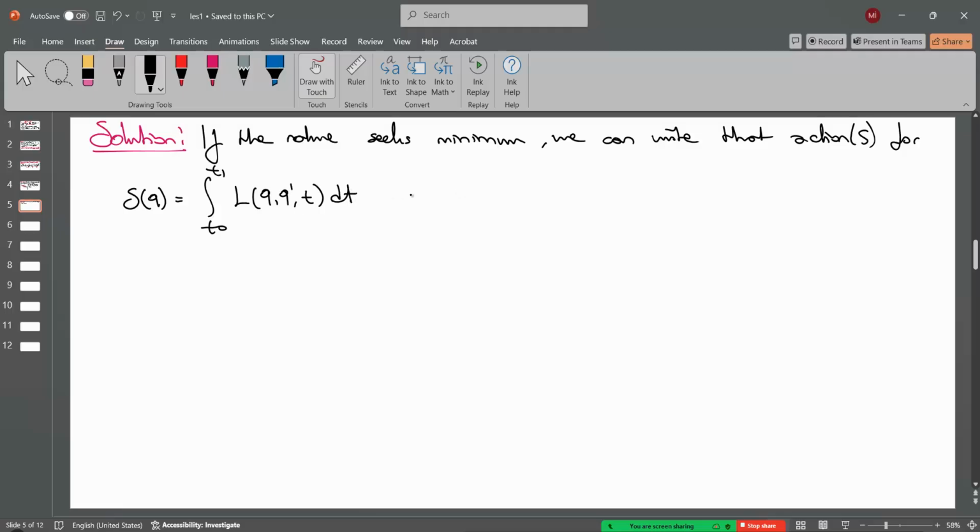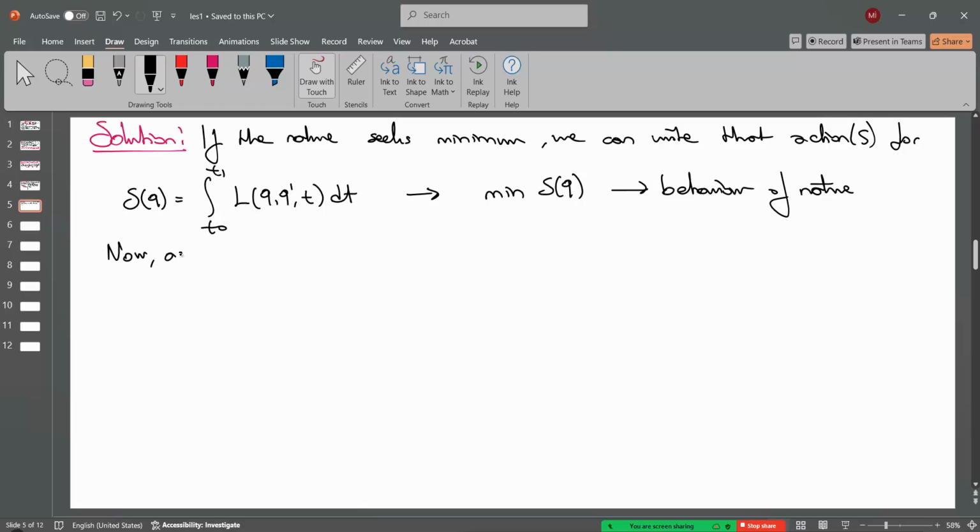And so we need to find the minimum value of S[q]. This is the behavior of nature. We know it by observations or something like that, right? And in order to solve this problem in mathematical form, we can write the following.